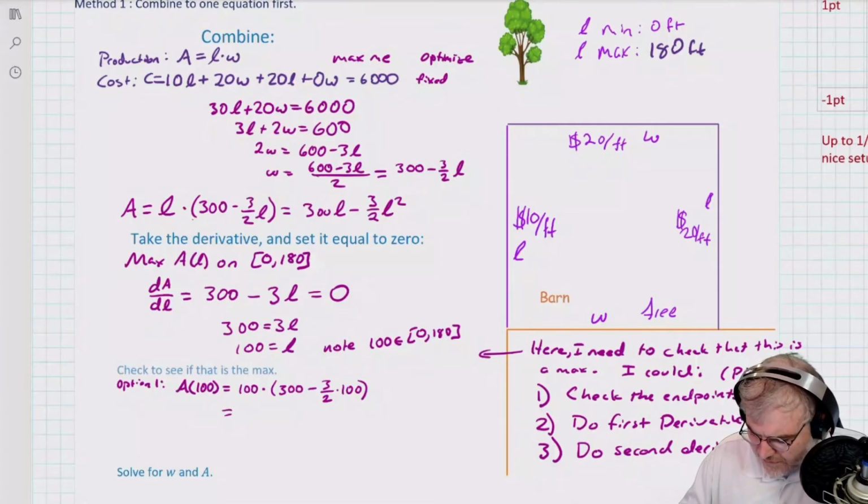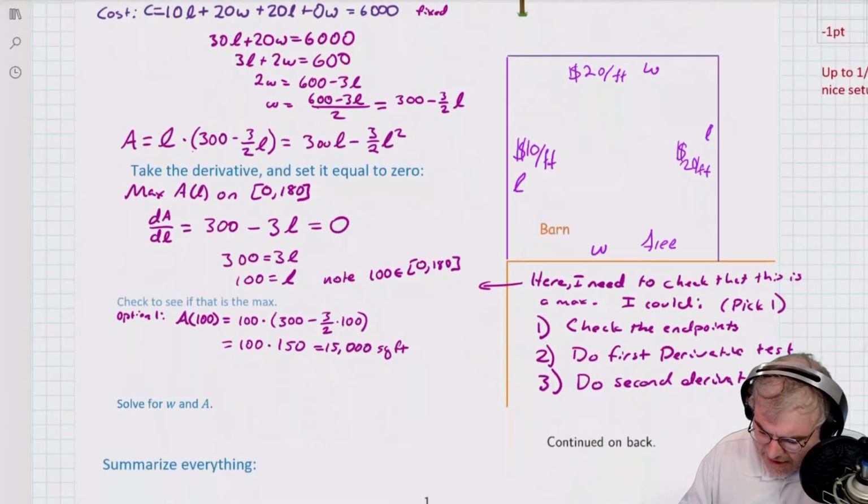I can do 3 halves, so this is going to be a 50. This is going to be 50 times 3. This is going to be 150, so it's going to be 100 times 150, which equals 15,000. Okay?